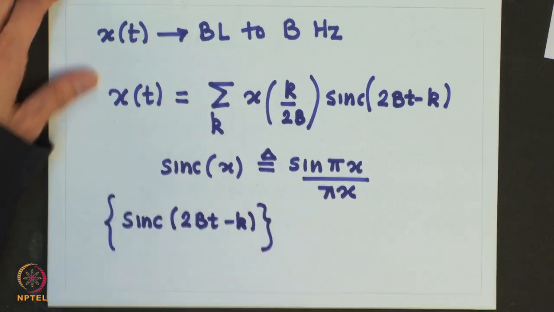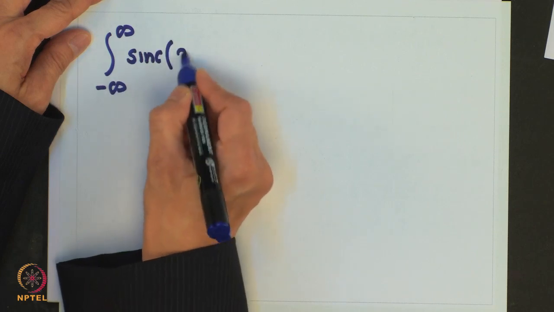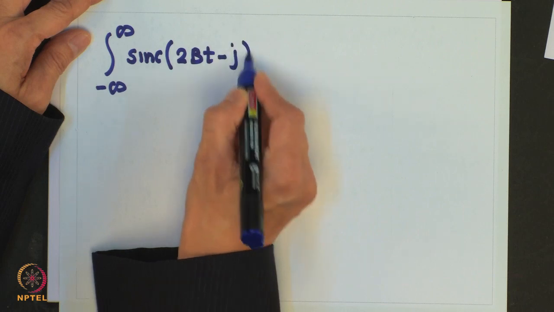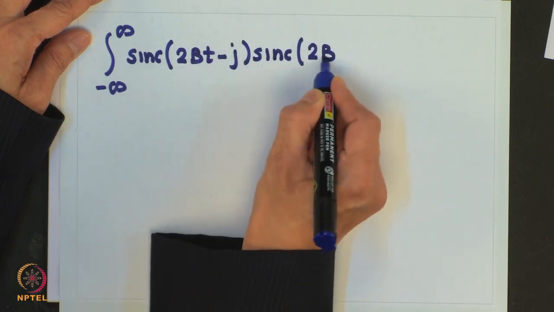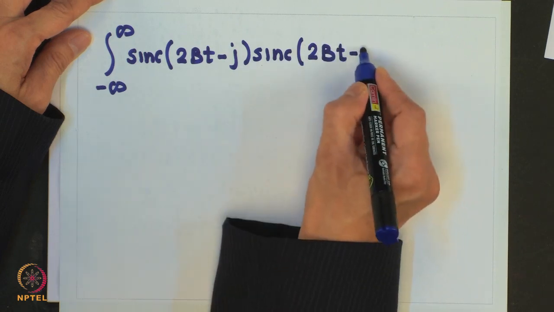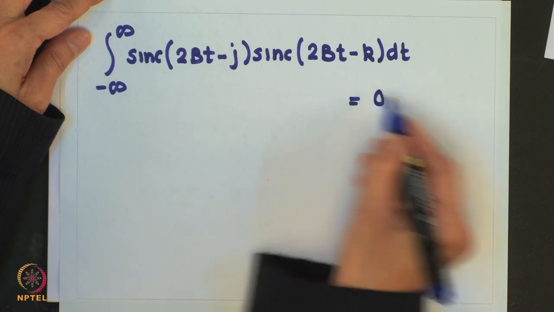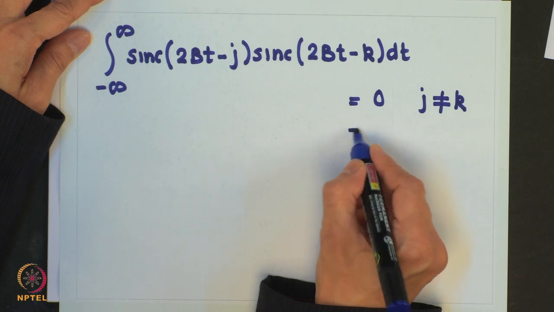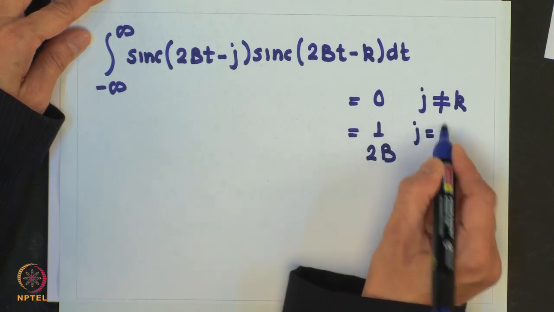What it means is that this integral is equal to 0 if j is not equal to k, and is equal to 1 by 2B if j is equal to k.